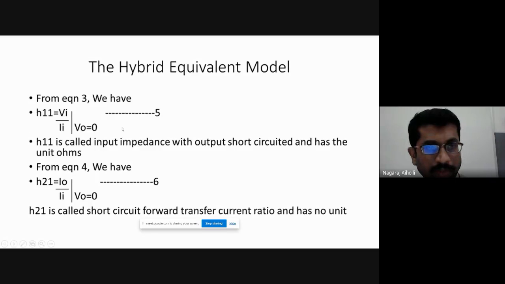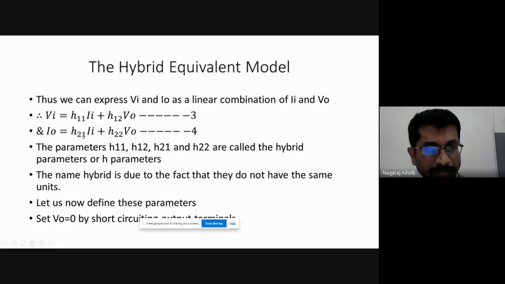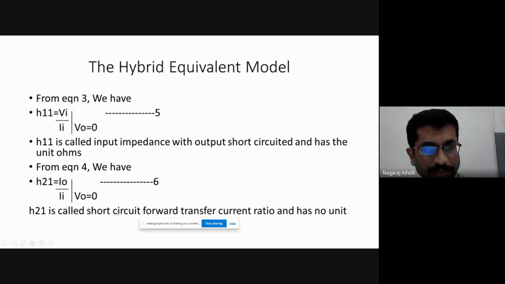Similarly, putting Vo equal to 0 in equation 4, we get H21 is equal to Io upon Ii. This is the ratio of the currents, hence it is called the short circuit forward transfer current ratio, and it doesn't have any units.